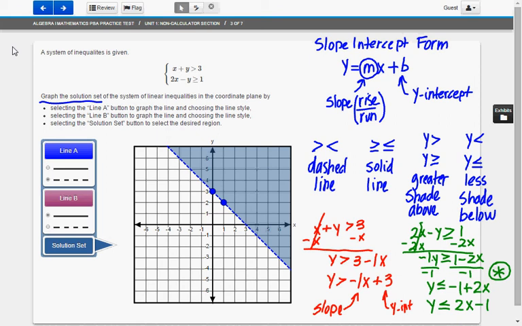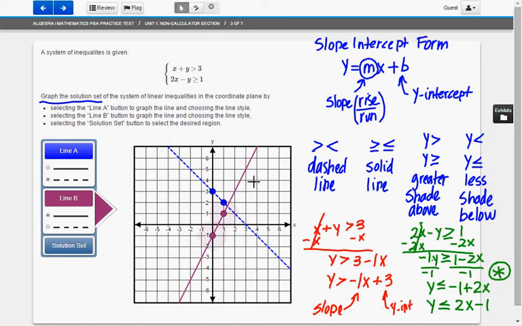That means now when I go to graph line B, I'm going to select line B. This one I need to put the intercept at negative 1 on the y-axis, and the slope is 2. So 2 over 1 for rise over run means I would go up 2 and right 1. So there's my graph. This line needs to be solid because the symbol is less than or equal to.